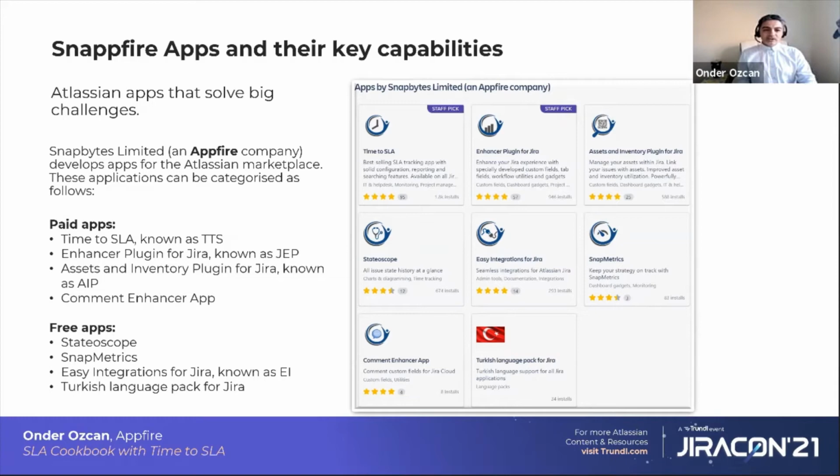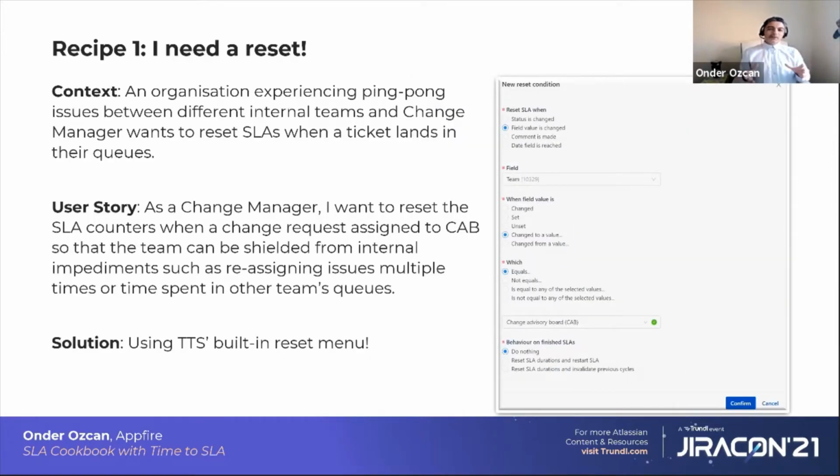Okay, so the first one, I need a reset. I mean, who doesn't, right? So the context is, in this particular example, this organization, this customer, is experiencing tickets circulating between the teams, in and around the teams.